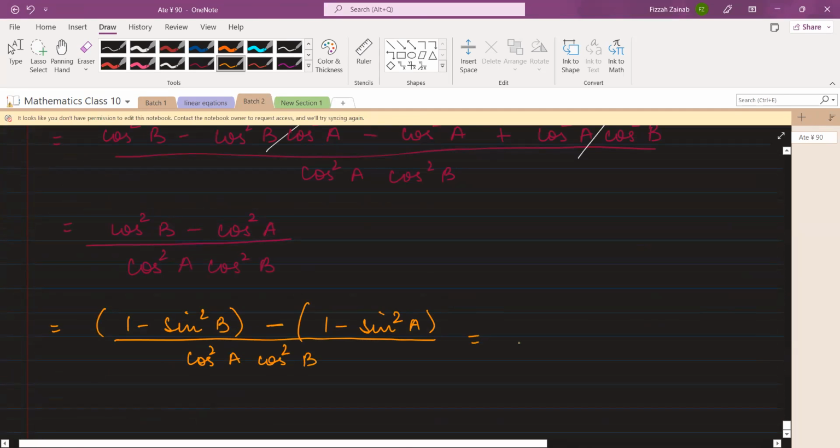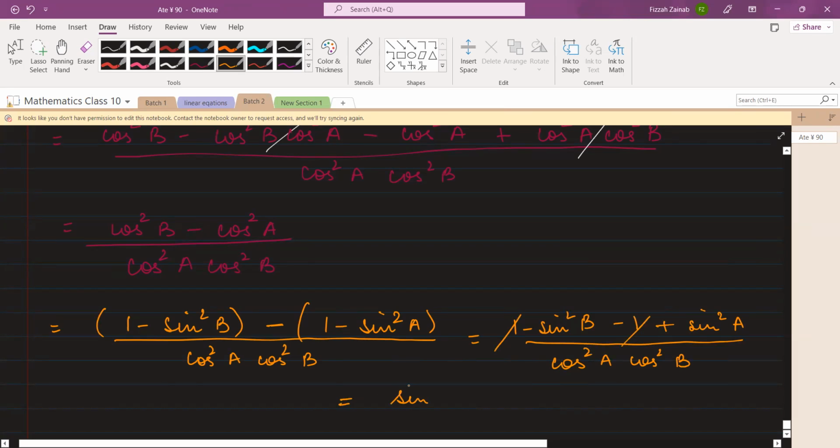Now just open the bracket, so 1 minus sine square B, then minus 1 plus sine square A. Now 1 will get cancelled out, okay? And then you have sine square A, which is positive, and this is negative, divided by cos square A cos square B. So this is your RHS.